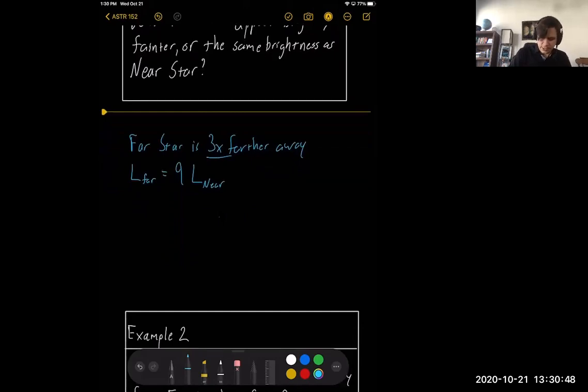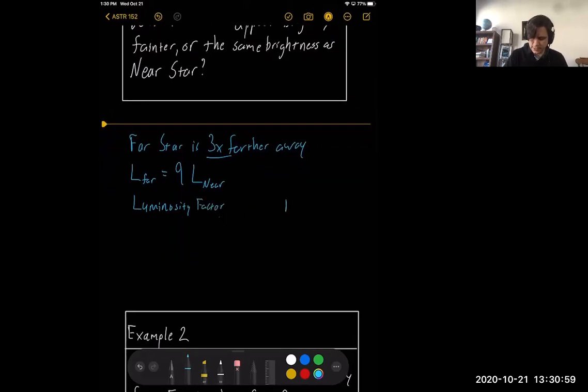I calculate what I call the luminosity factor, and then I have what I call the dimming factor. So let me talk a little bit about what each one of these is before I start using them.